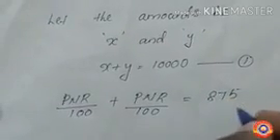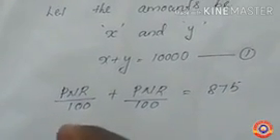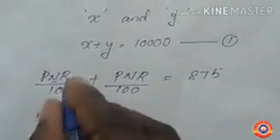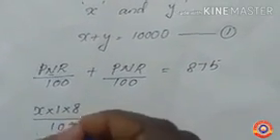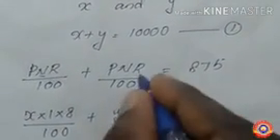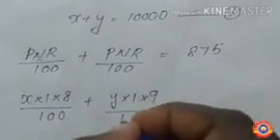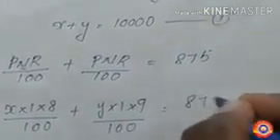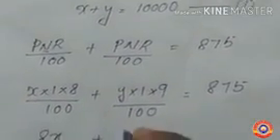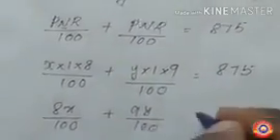What is P in the first scheme? Yes, x. Number of years is 1 and rate of interest is 8%. So we can write x into 1 into 8 by 100 plus P. What is P in the second scheme? y. y into 1 into rate of interest 9%, that is 9 by 100, equal to 875. So 8x by 100 plus 9y by 100 equal to 875.